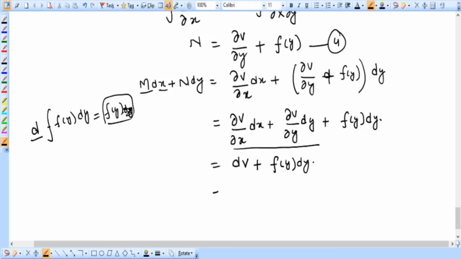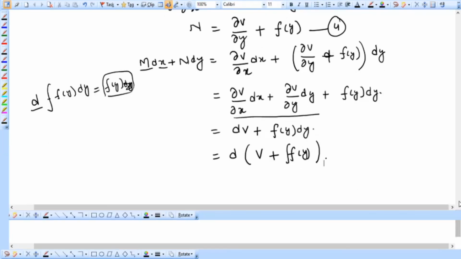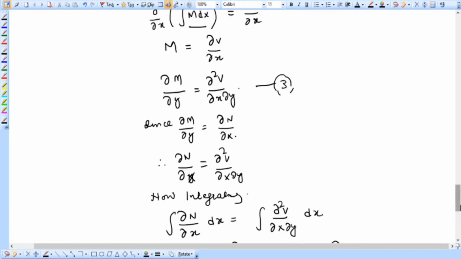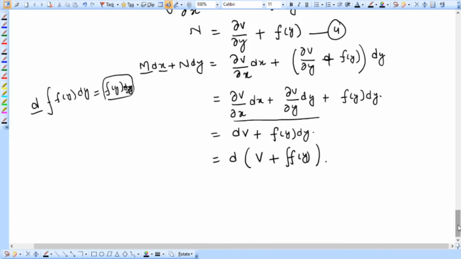I can write it this way, the integration of f(y) with respect to dy.